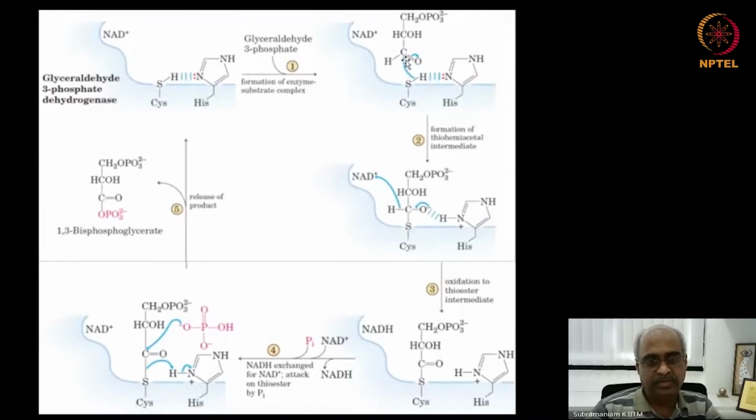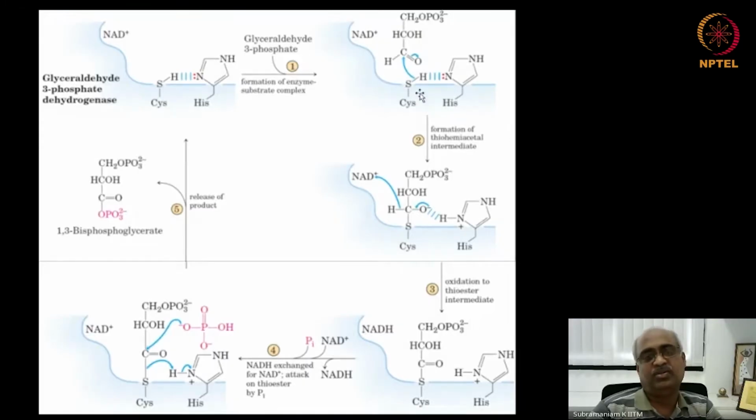This is an aldehyde. Remember, we learned how a ring structure of glucose forms. The aldehyde of the hexose forms an intramolecular hemiacetal with one of the alcohol groups, the OH groups available in the glucose molecule. Very similarly, here the aldehyde of this triose, instead of an intramolecular alcohol group, this OH here, reacts with an intermolecular thioalcohol, and forms a thiohemiacetal.